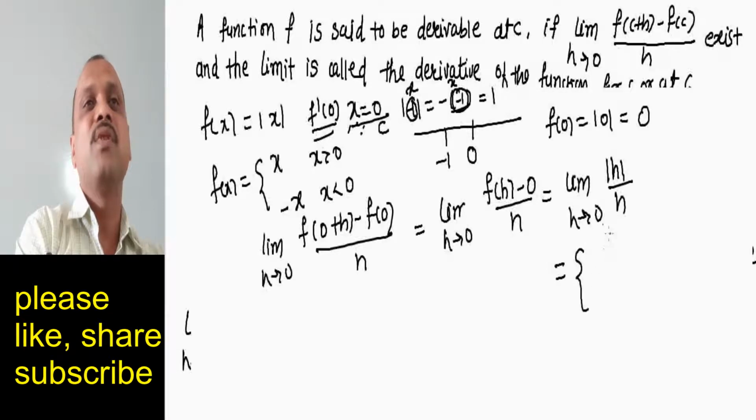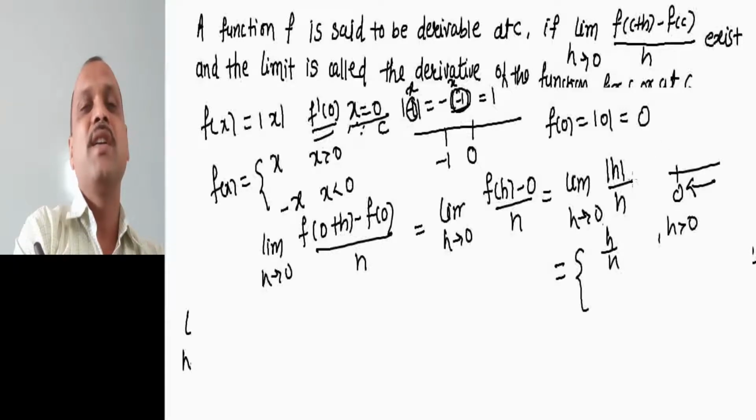It equals h divided by h when h is greater than 0, that means when h approaches 0 from the positive side, h is positive, and the h's get cancelled and we get 1. Now it is minus h divided by h, limit h tends to 0 from the negative side, whenever h is less than 0. So h gets cancelled and we get minus 1.